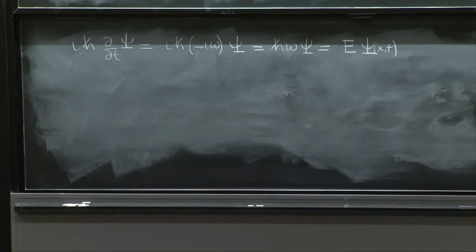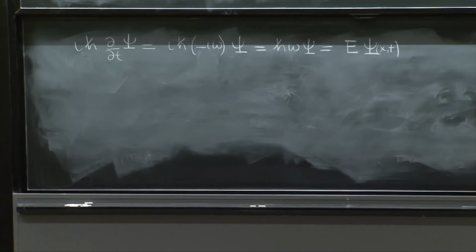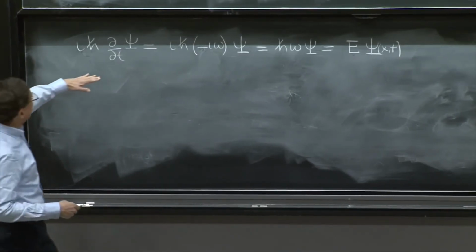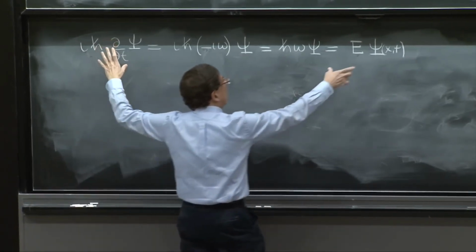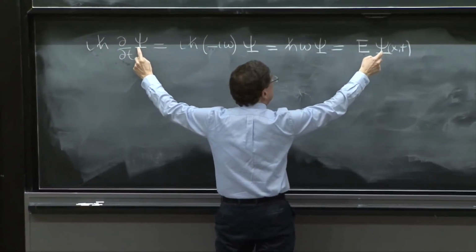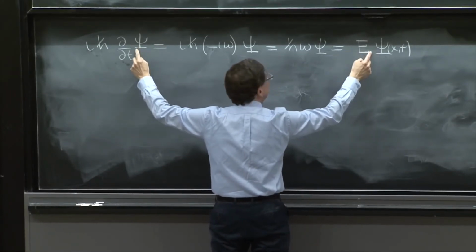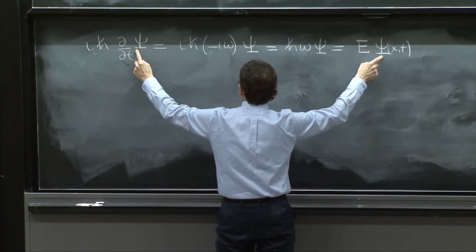But we can put more physics into this, because in a sense, this differential equation tells you, for a wave function with energy E, what the time dependence of that wave function is.